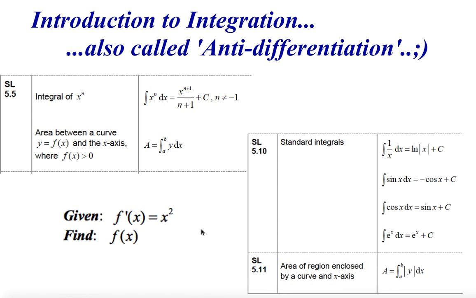So to get things started, if you were given that f prime of x is equal to x squared, and asked to work backwards to come up with the function itself, you might start thinking about what degree form the function would have to take in order for its derivative to be of degree 2.